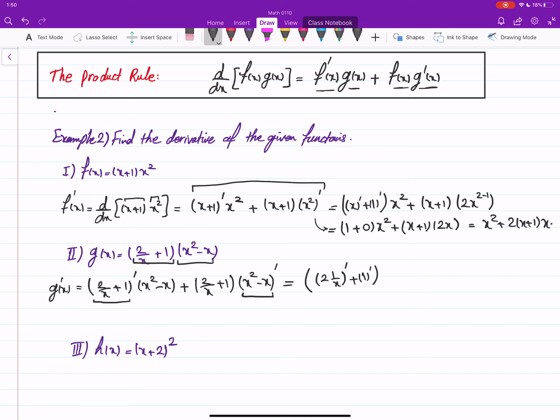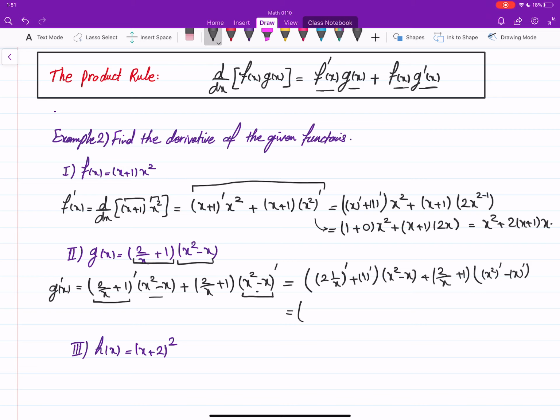Well, I haven't found it, I just applied the sum rule. Times x squared minus x, plus 2 over x plus 1 times the derivative of this piece here. This piece is a difference of two functions, so I have to differentiate each one and then find the difference.